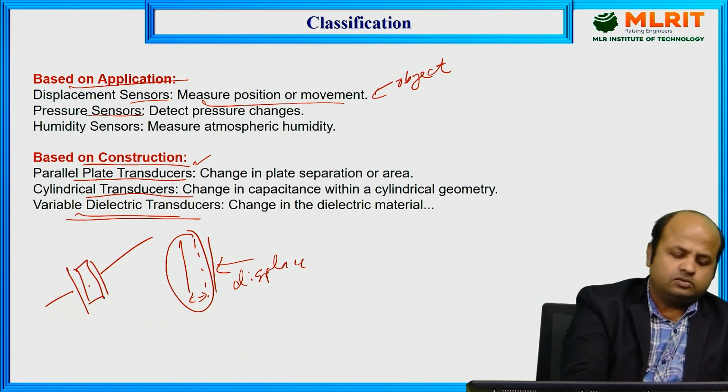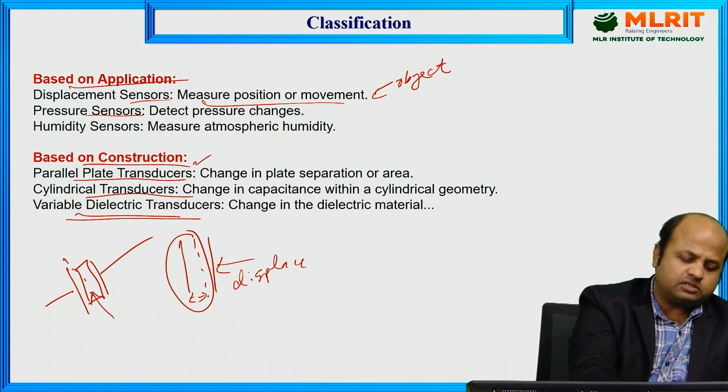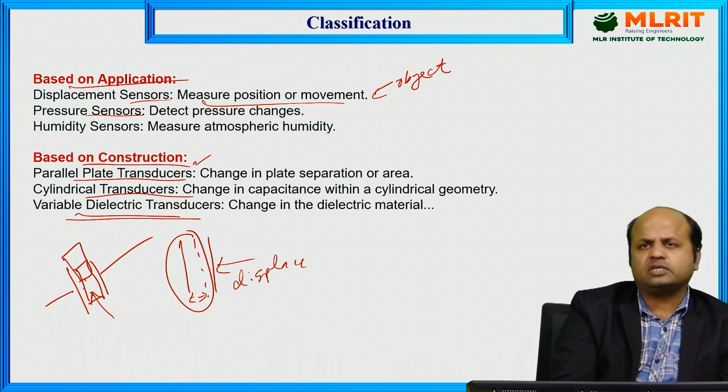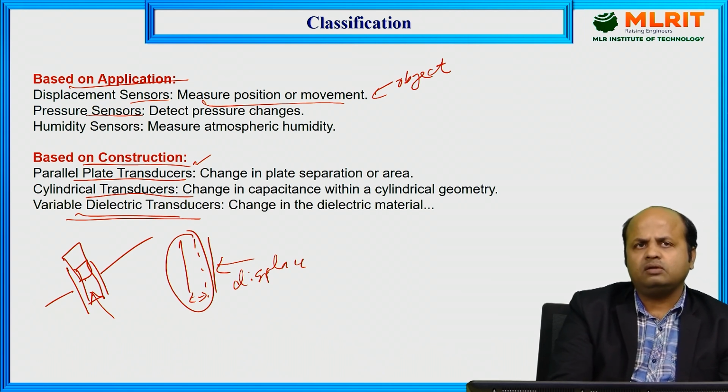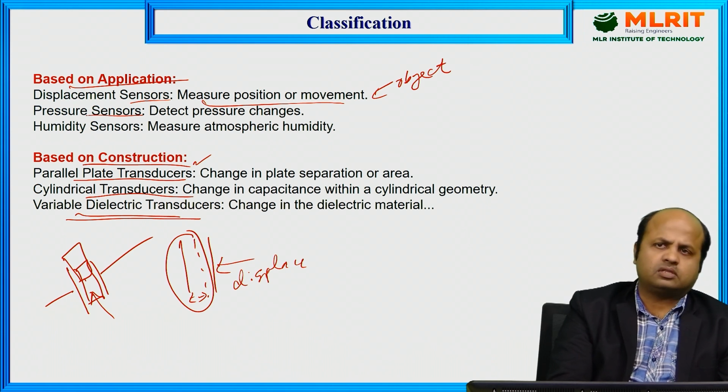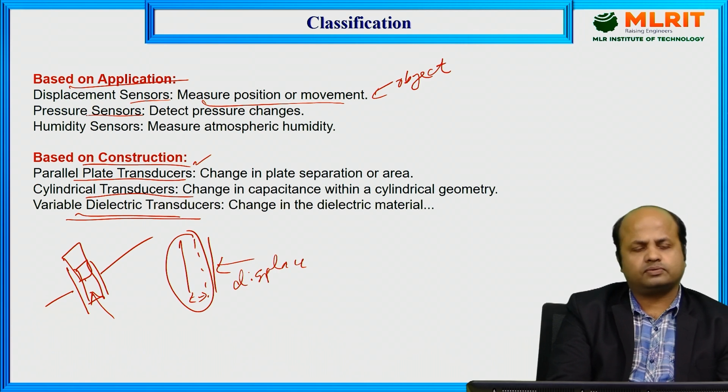If you change the position of this dielectric, there will be a change in the capacitance of the transducer. So based on construction, we can make parallel plate, cylindrical and variable dielectric transducers. These were the classifications of a capacitive transducer.